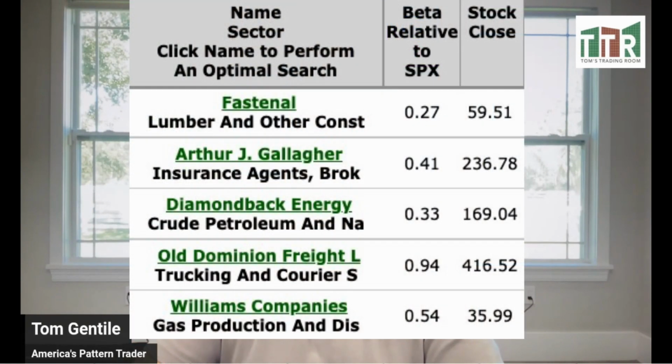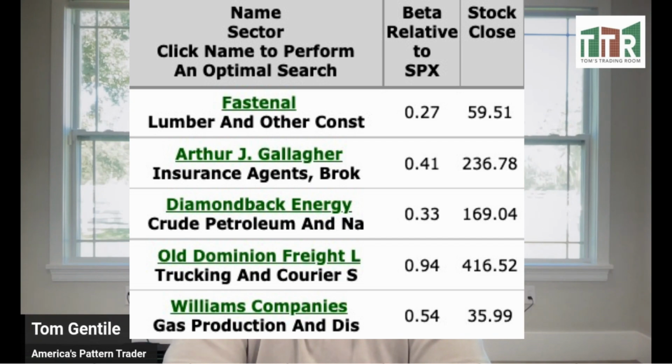Number 1, Fastenal. This is a lumber and construction company, and it has just recently crossed. Stock closed recently just below $60 a share. Arthur Gallagher's number 2, a $236 stock that recently had a crossover. Diamondback Energy is in the crude petroleum industry.